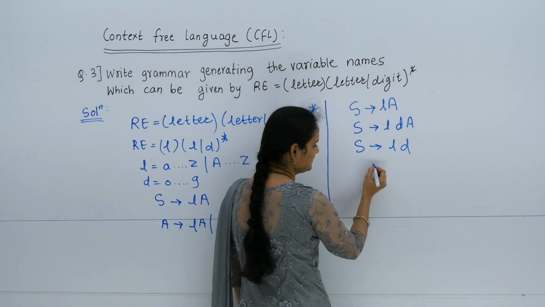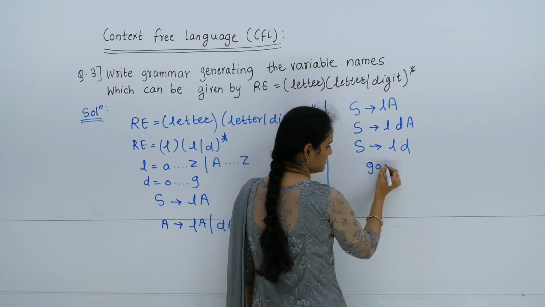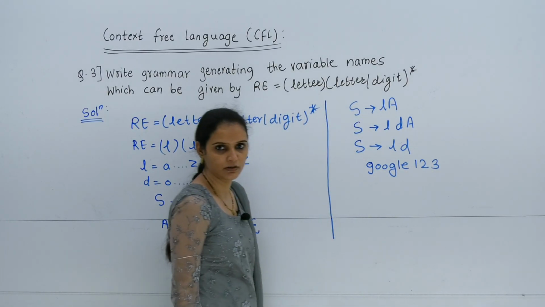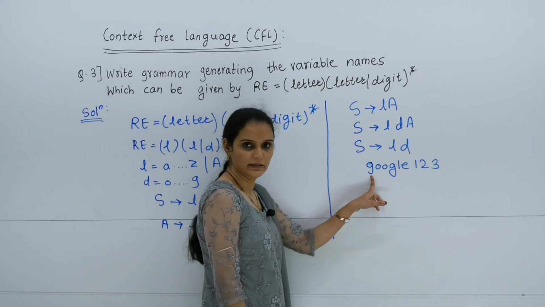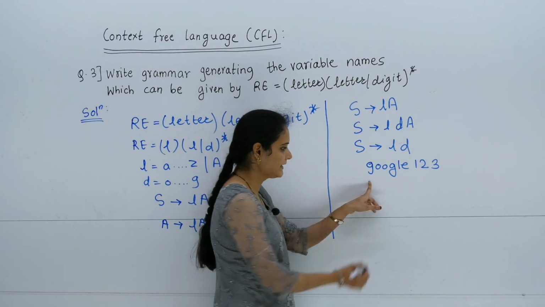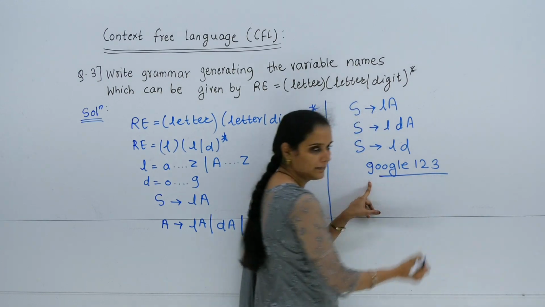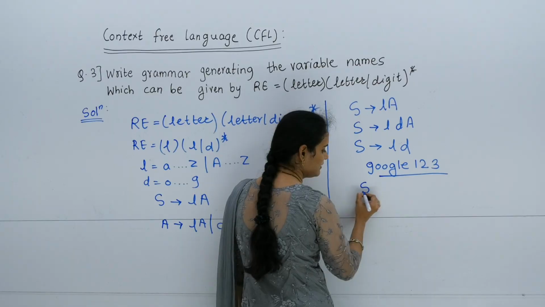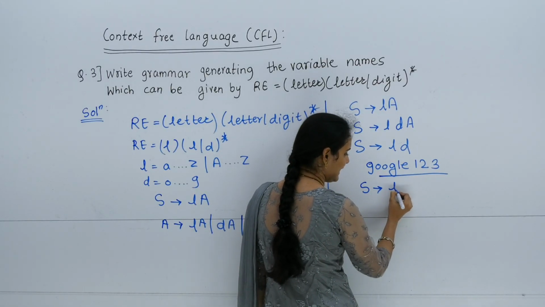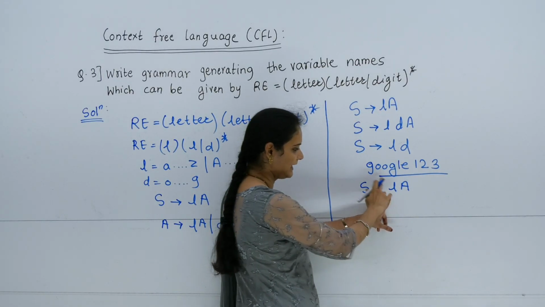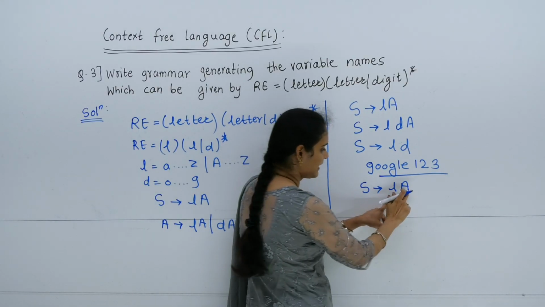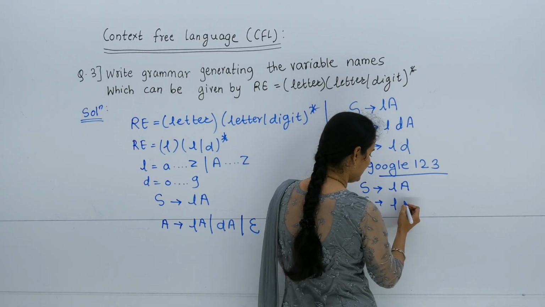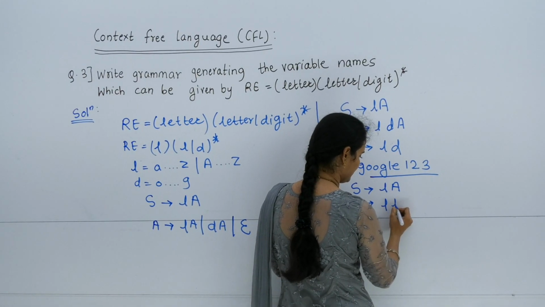Simply, we can see one example here. Suppose I am writing Google123. What is that? One letter is there, followed by a combination of letters and digits. So here is how we use that: L will be G. After that, A will be replaced by again LA.